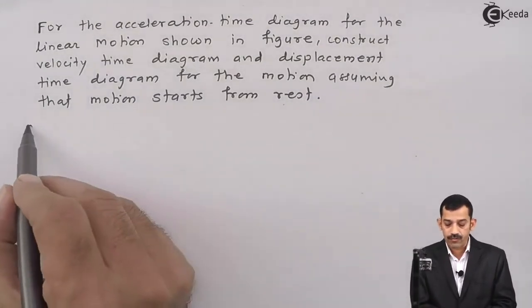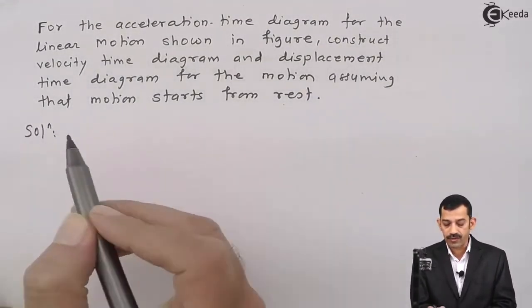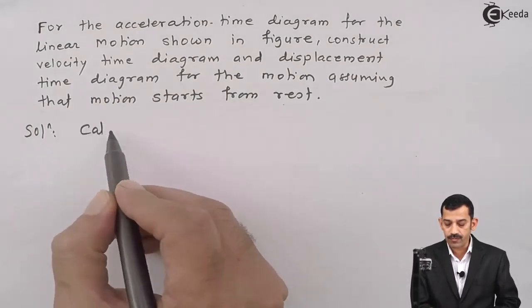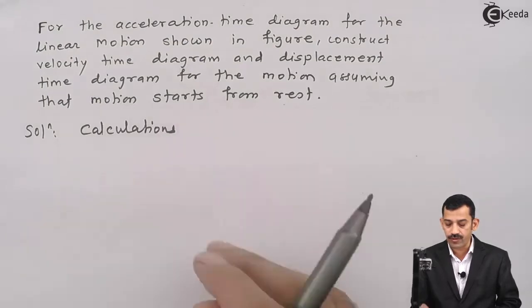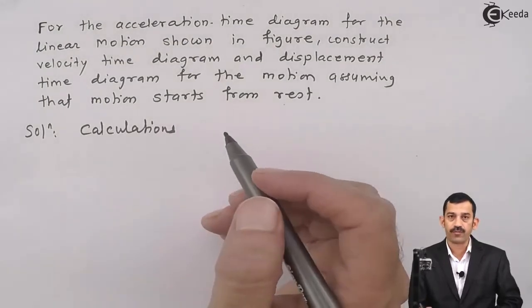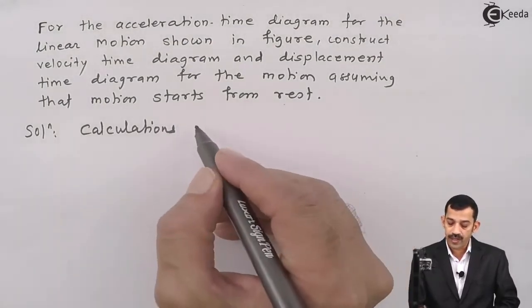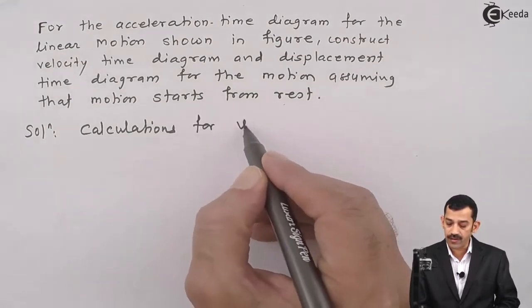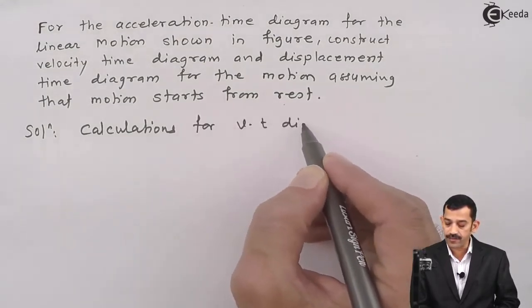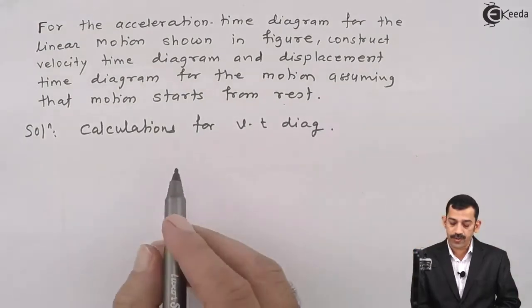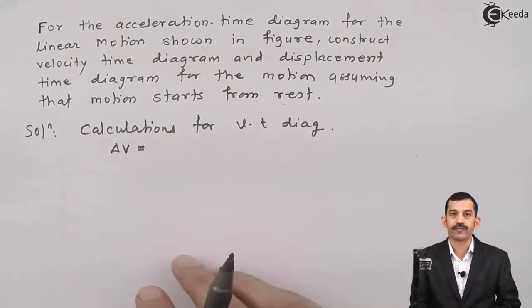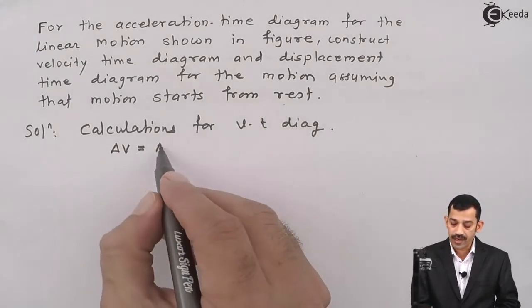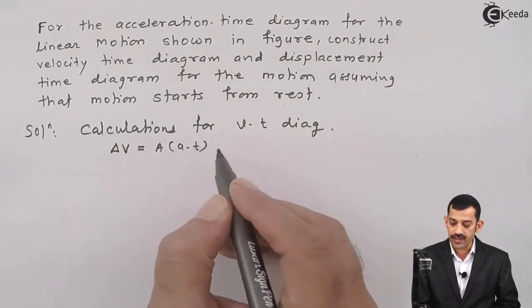Now we will write the calculation for this VT diagram. Whenever we solve a problem, these calculations are important: calculations for the VT diagram. In this calculation part, the basic formula to use is delta V equal to area under the AT diagram.